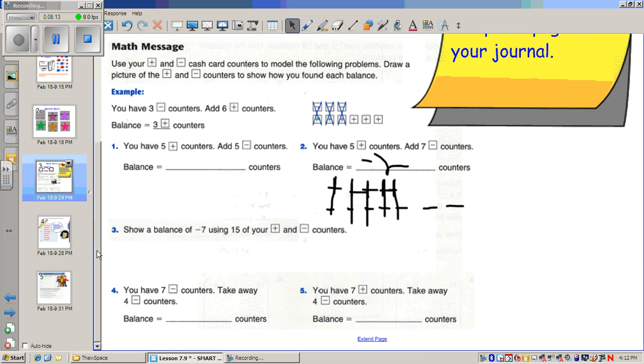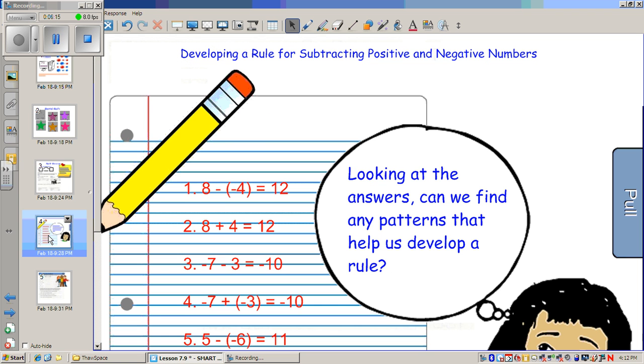Okay. Let's keep going. All right, so here it says developing a rule for subtracting positive and negative numbers. Looking at the answers, can we find any patterns that help us develop a rule? Well, on this one, as I'm looking at number 1, I see that I have 8 minus a negative 4, but it gives me a positive.